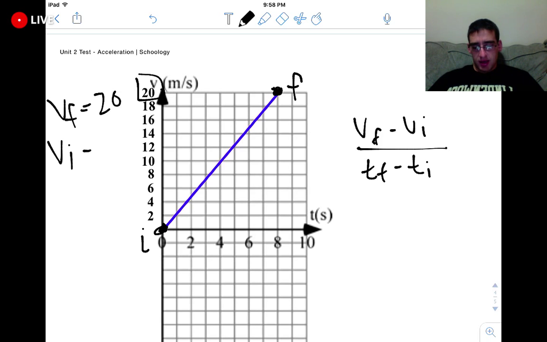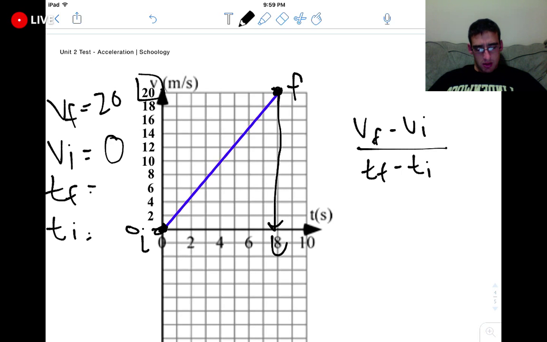At the initial point, the velocity was 0. I need TF and TI. So at the final time, it was 8, and the initial time was 0.